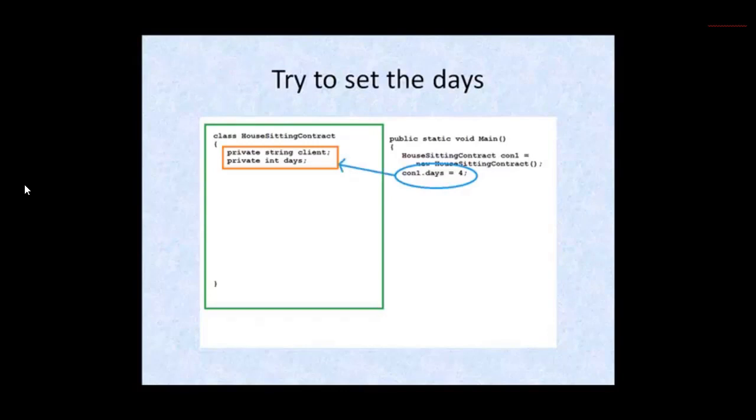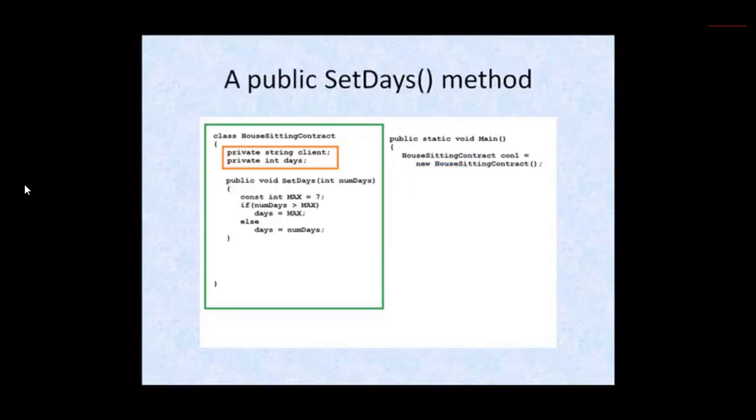But when you try to send the 4 to the field, you can't get in because the data fields are private. They are not accessible by outside classes. Instead, what you might do is write a setDays method and make it public. The setDays method accepts a parameter, and if the number of days is greater than the maximum allowed, it forces days to maximum.